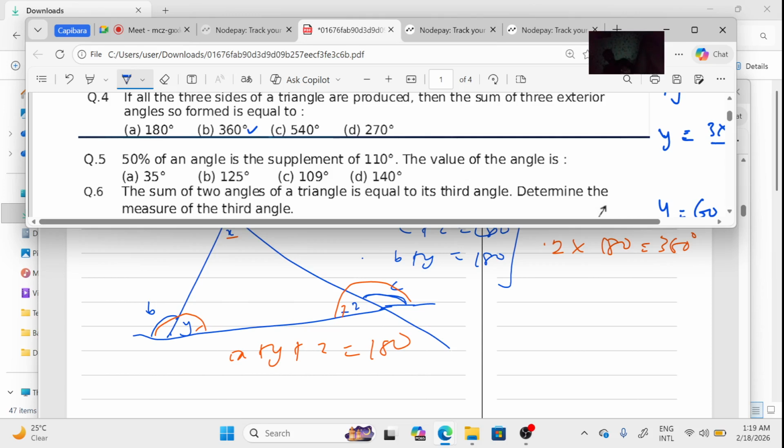And they're telling you that 50% of an angle is a supplement of 110. That is, 110 with another angle are supplementary. What's the other angle first?